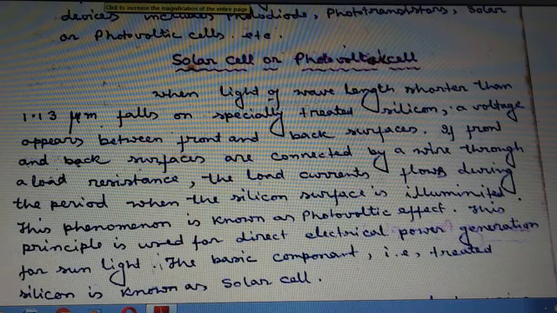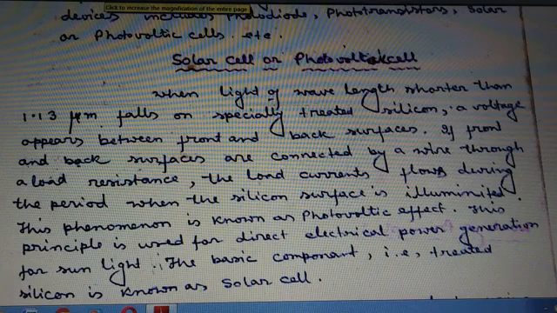A solar cell is made up of semiconductor materials like silicon or other semiconductor materials like gallium arsenide, etc. When sunlight in the form of photons falls on the semiconductor materials, electricity is generated.